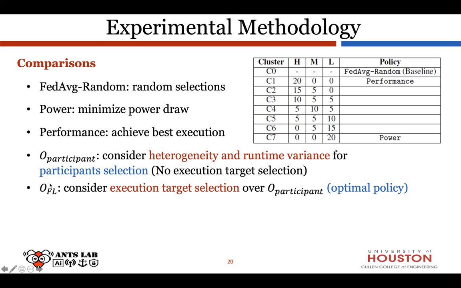So here, I have another question. What do you mean by the minimum power draw? You choose C7. C7 is a low-end class, right? Yes, that's why in this situation we can minimize the power draw.